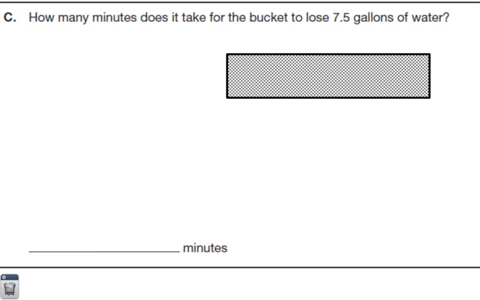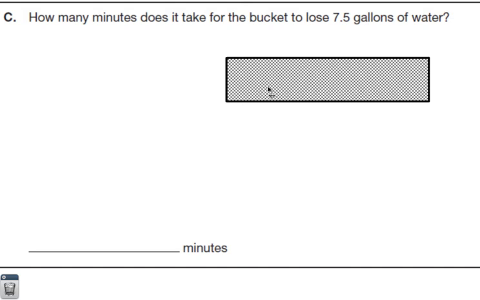Part C is also pretty simple. They just ask how many minutes does it take for the bucket to lose 7.5 gallons of water. Again, this just boils down to your basic understanding of a rate and how we are losing half a gallon every minute. So if we're losing half a gallon every minute, how long would it take to lose 7.5 gallons?